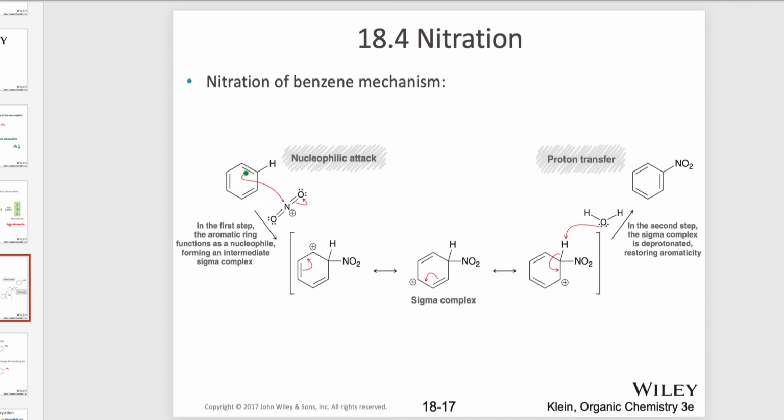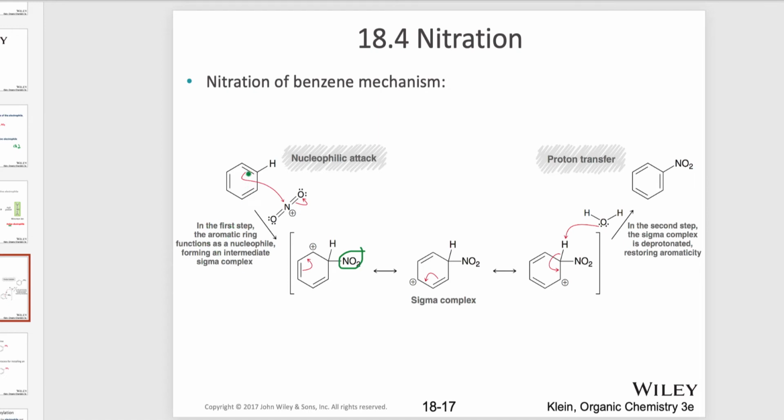This will now, instead of a pi bond, make a single bond to NO2, and we know that nitrogen can only have 4 bonds in this scenario, so we're going to have to break one bond to oxygen. And that's how we come up with basically what is summarized in here, but remember there's a positive charge on the nitrogen and a negative charge on one of the oxygens, and you may want to practice drawing this fully out.